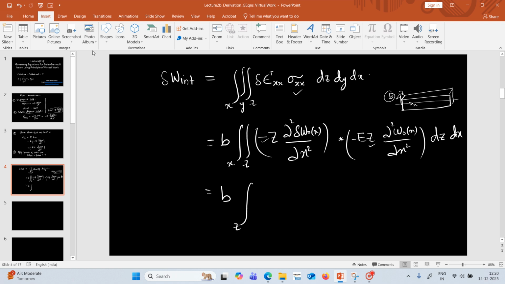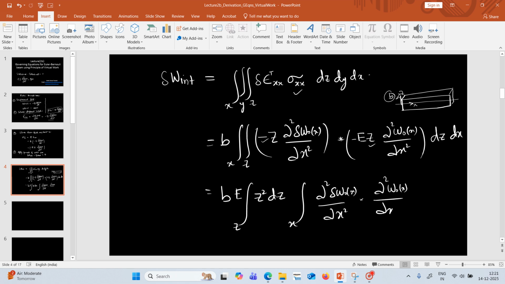E is a constant and comes outside. Under the z integration we have z square dz, and the other integration is over x only: del 2 delta w naught of x by del x square multiplied by del 2 w naught of x by del x square dx. This is the remaining part. Now b into E is a constant outside, and z square dz is integrated from where to where?